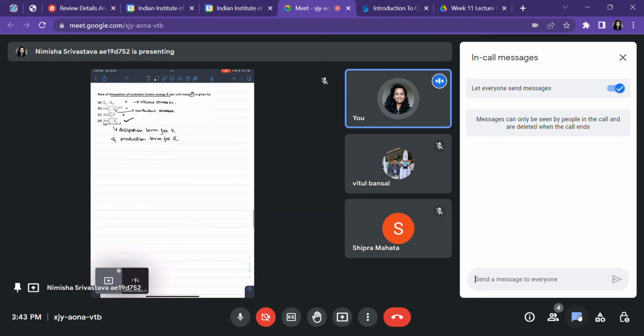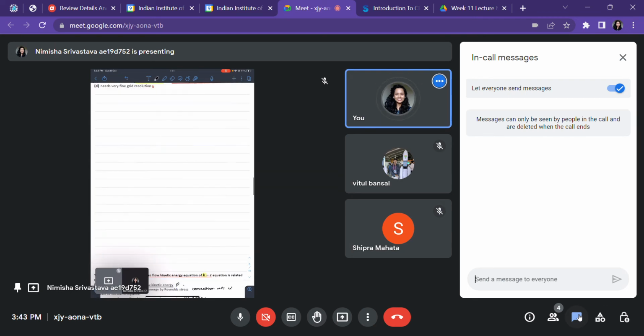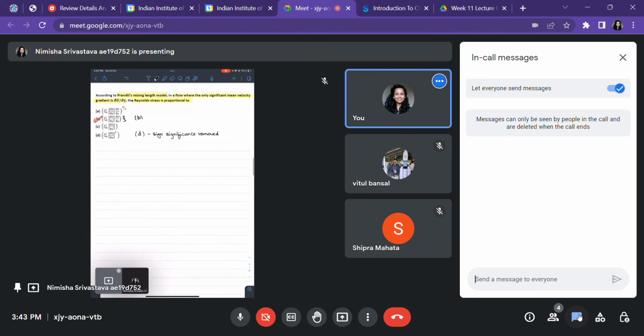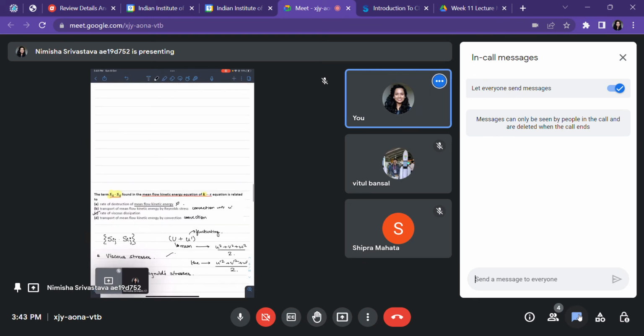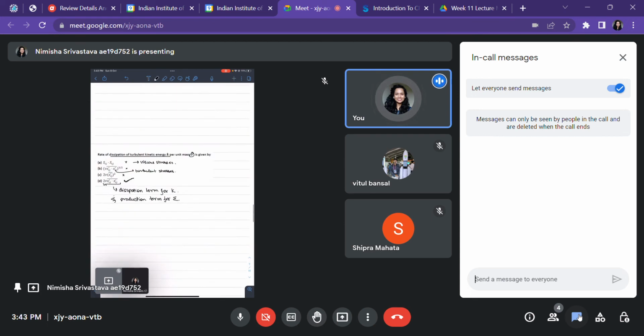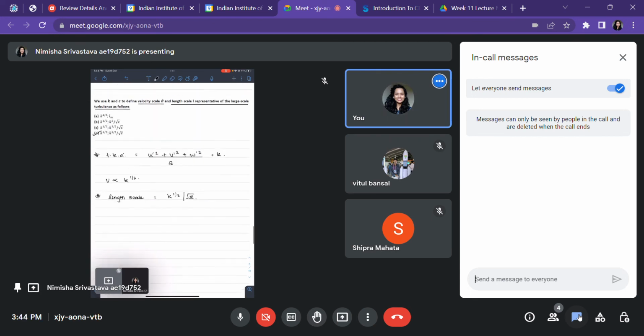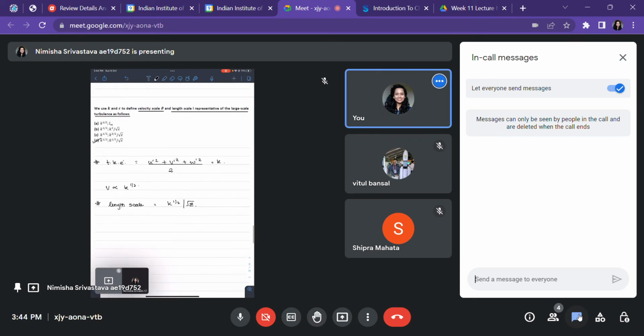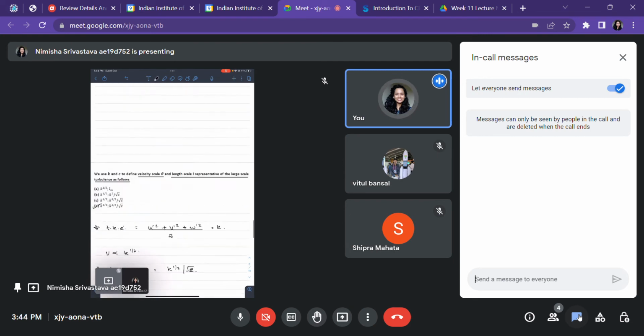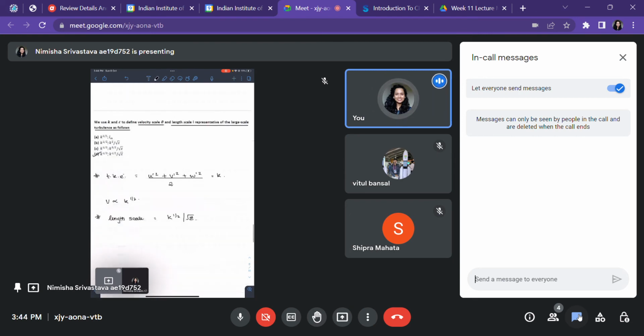Let me check once again. I think I'm wrong somewhere. Yeah, no, this doesn't sound right to me. So, does anyone else have any ideas on this? Because this is wrong. I marked the wrong option for you right now.